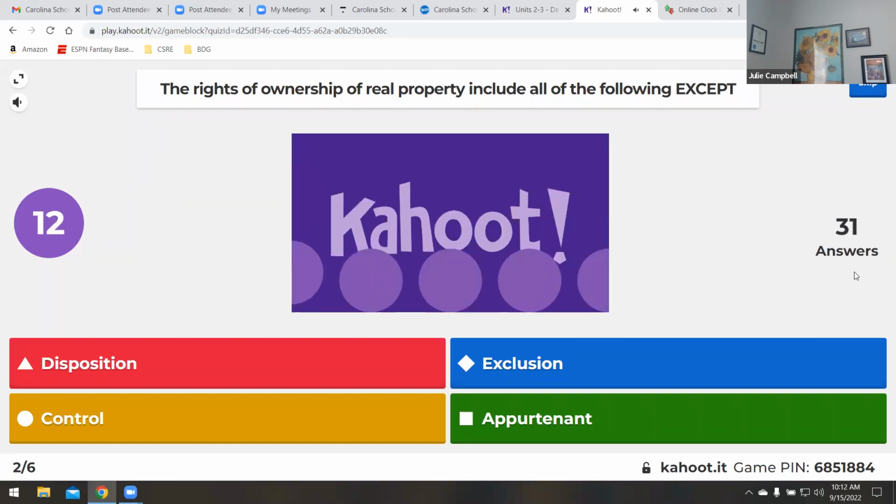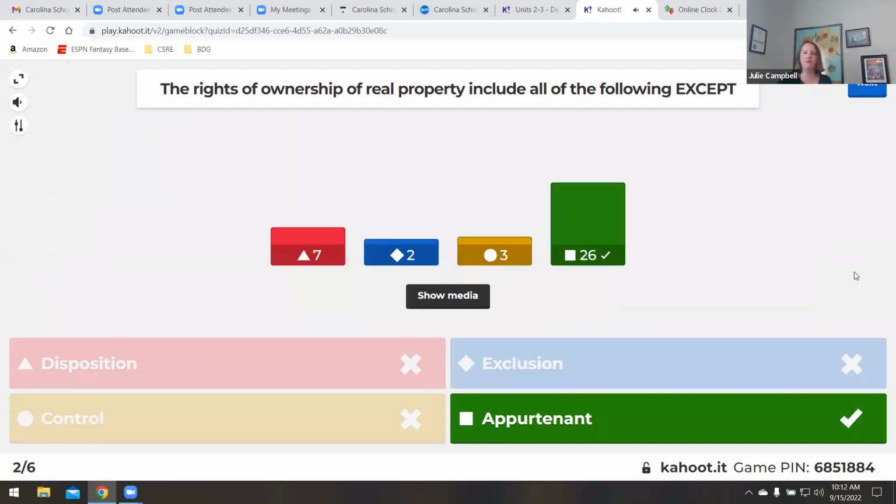The rights of ownership of real property include all the following except those things that are appurtenant.